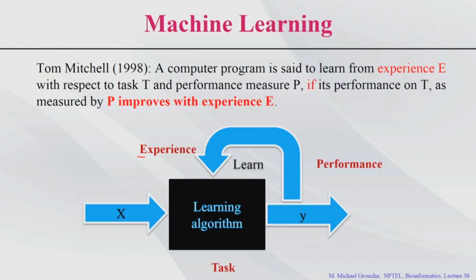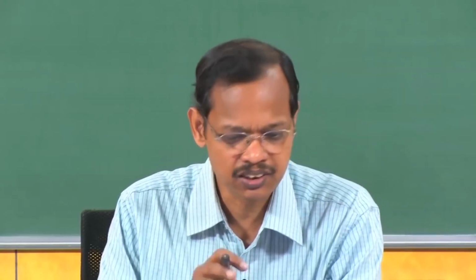A program learns if its performance on this task, measured by P, improves with experience E. If the learning algorithm gets information from the experience and increases the performance, then we say that the program learns from the experience E with respect to our task class T, that is classifying transmembrane helical and strand proteins, with respect to the improvement in performance P, for example accuracy. That means it learns only if the performance increases for our own task.